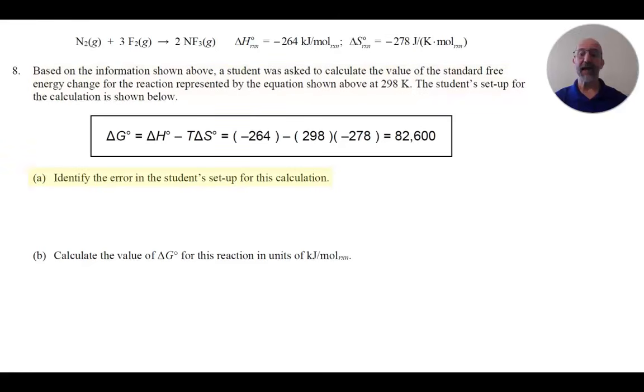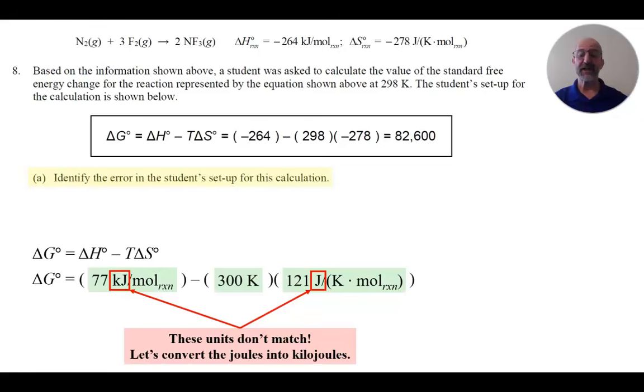It says in part A, identify the error in the student's setup for this calculation, because I just talked about this mistake in question 7. We have negative 264 kilojoules per mole of reaction. We have negative 278 joules per Kelvin mole of reaction. So just like I had mentioned in question 7, the problem is the units of delta H in kilojoules don't match the units of delta S in joules.